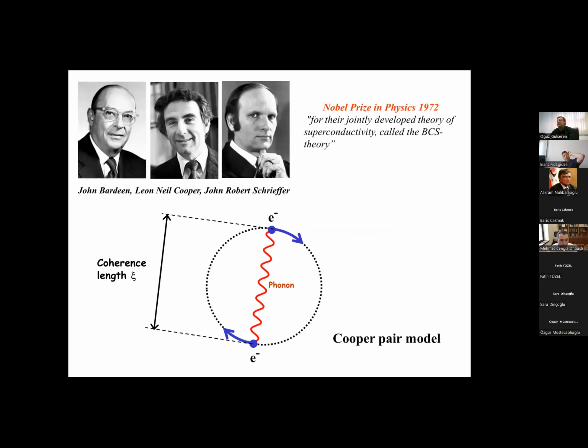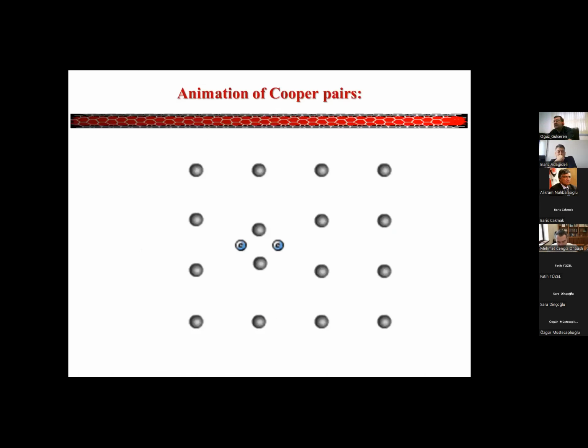The idea is simply like this. You have electron pairs interacting via phonons, they form a bound state called the Cooper pair. Why is this so important? This is the same lattice.